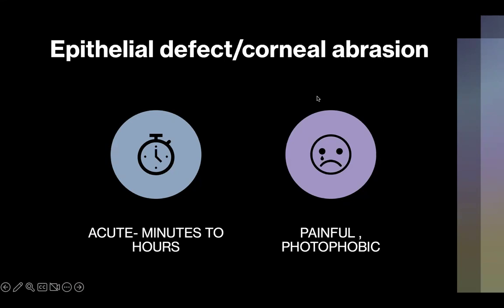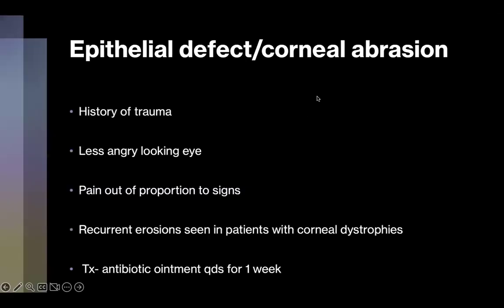And the cornea is the most sensitive place in the body. And if you get a corneal epithelial defect, underlying corneal nerves get exposed and then it gives rise to severe pain and photophobia. So there is usually a history of trauma, but the eye is less angry looking, not very red, not very much bloodshot.